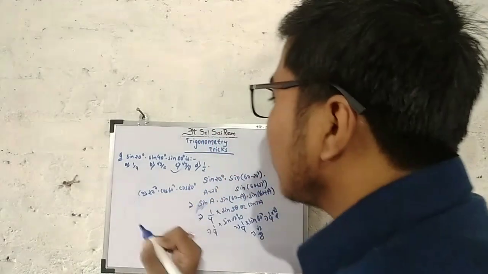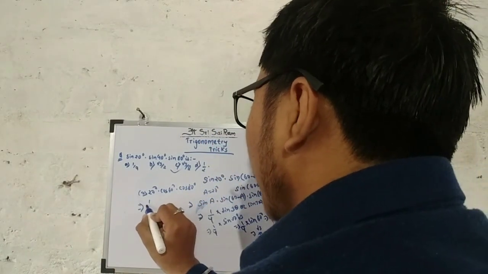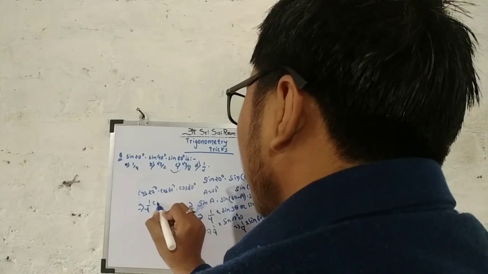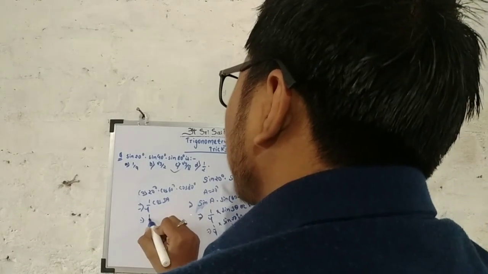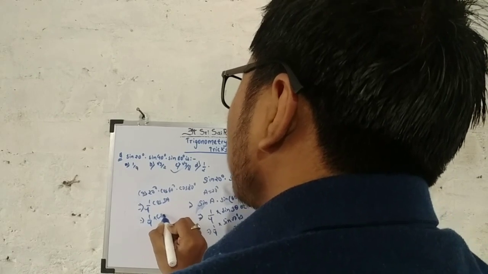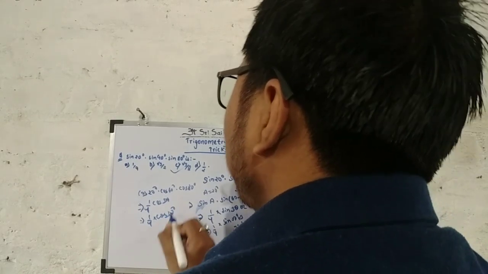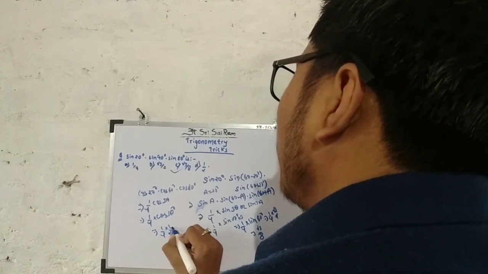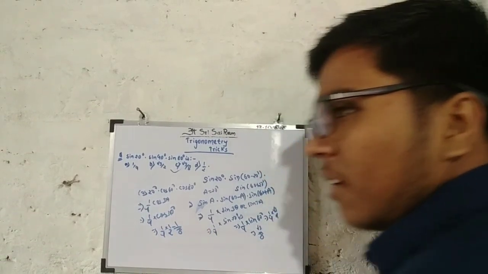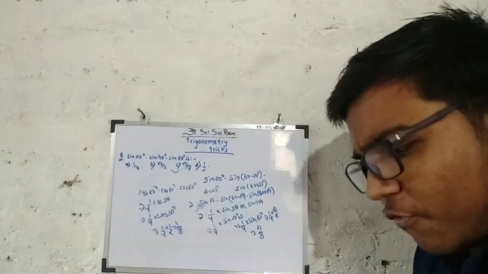You have to do nothing here, just put 1 by 4 cos 3A. This will come as 1 by 4 into cos 60 degree, and this is nothing but 1 by 4 into 1 by 2, which will come as 1 by 8. So it's a very easy formula.